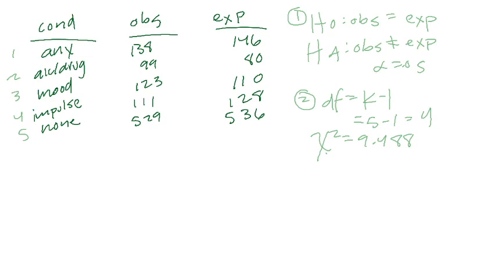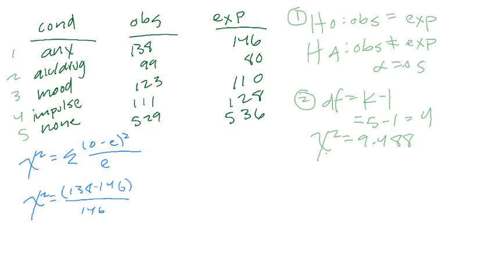All right, so let's go ahead and start to calculate this, because the calculation here is relatively simple. We could set up a table like we did before, but I'll go ahead and show you how we might do this by just plugging into our chi-squared formula. So we have our observed minus our expected values squared over our expected values. So if we wanted to calculate this, it would look something like this. I'm taking the observed and the expected values for each of our groups. Now I'm on to this group here.